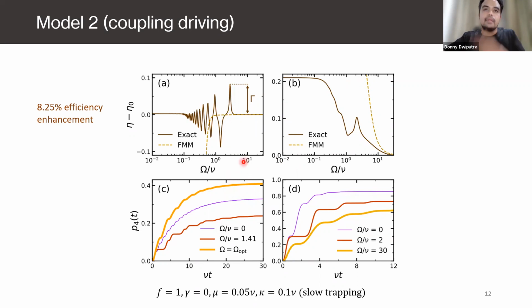In this case we only got 8 to 10%, but this number can be higher or lower because the interesting pattern is not covered by the FMM analytical method. So we have to try, rather than just guessing, some dissipative and trapping rates. In the future, maybe we can do better.